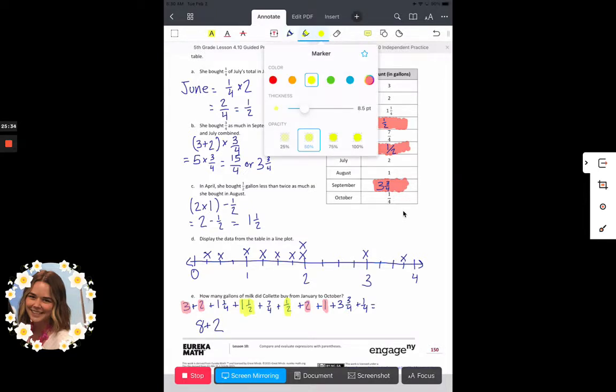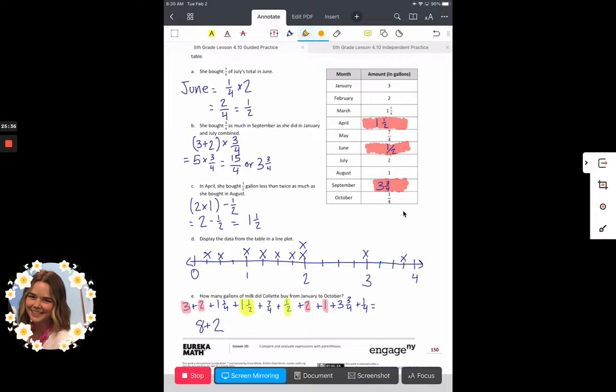And then I'm going to add my fourths together. So I have 1 and 1/4. I have 7/4. I have 3 and 3/4, and I have 1/4. So I know my 3 and 3/4 plus 1/4 is going to give me 4. So I'm going to put that down. Plus I have 1 and 1/4 and 7/4. So 1 and 1/4 plus 7/4 gives me 1 and 8/4.